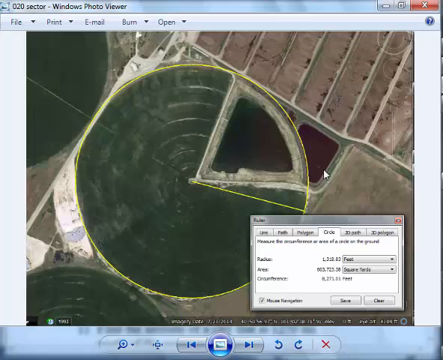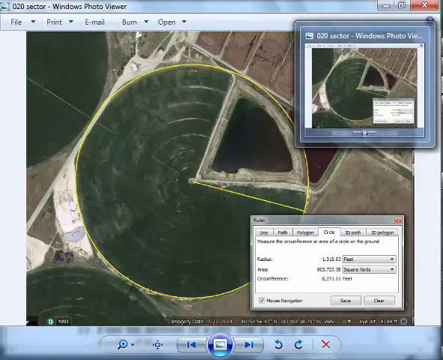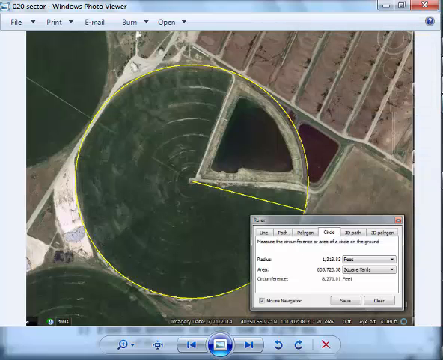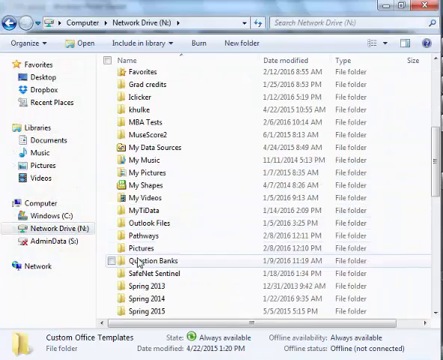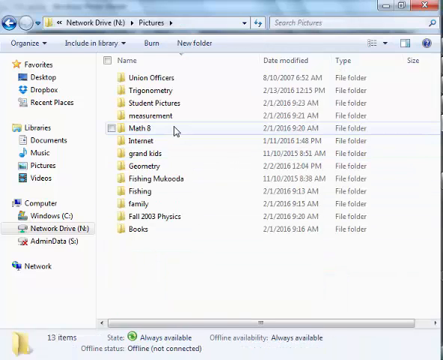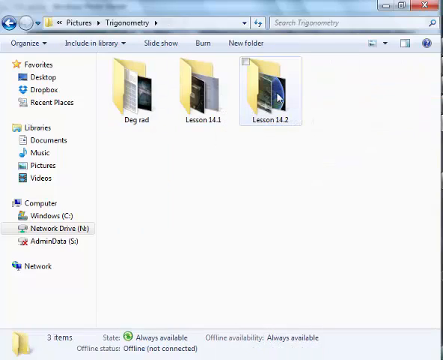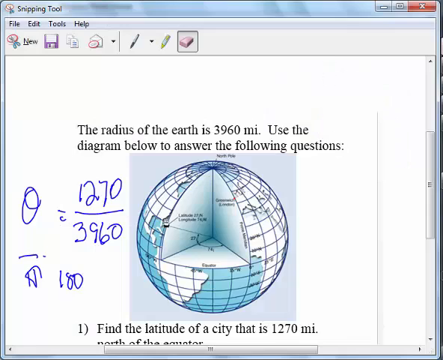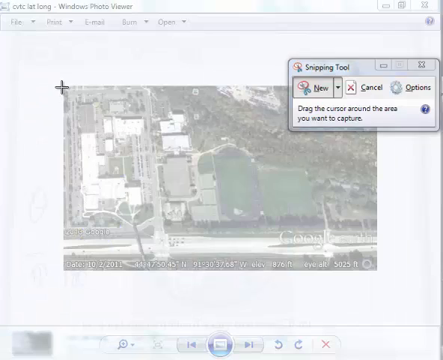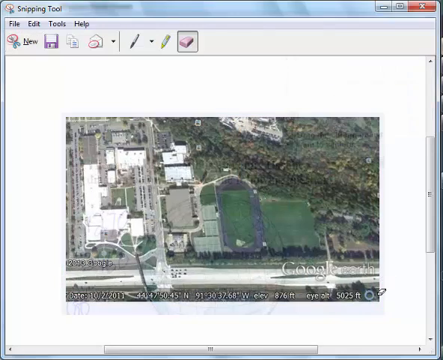The other one that I wanted to show you is how far north Eau Claire is from the equator. If you notice here, it says it is 44 degrees, 47 minutes, 50.45 seconds north.